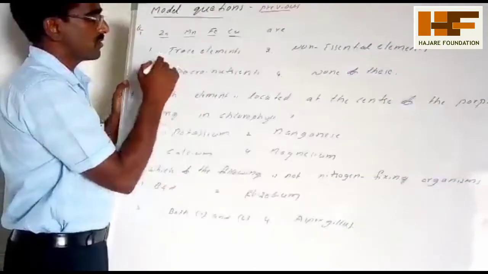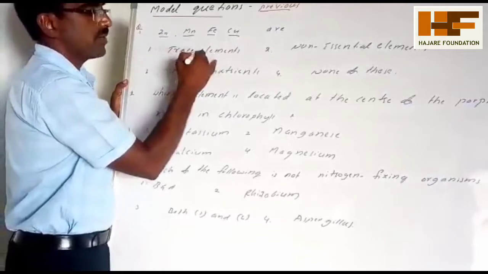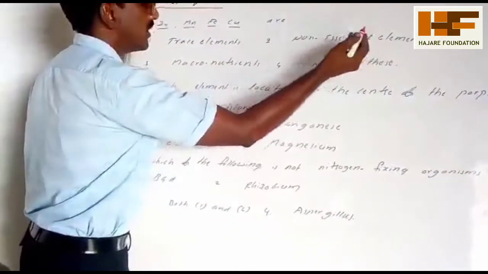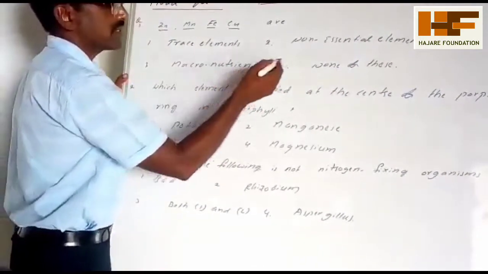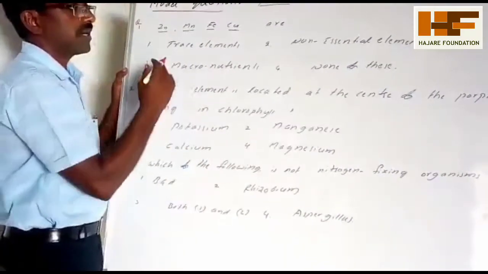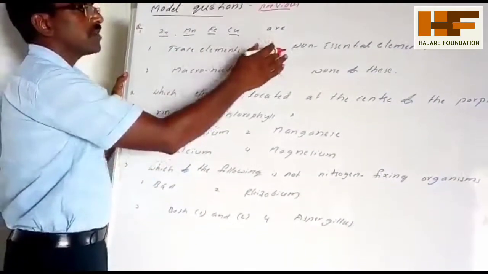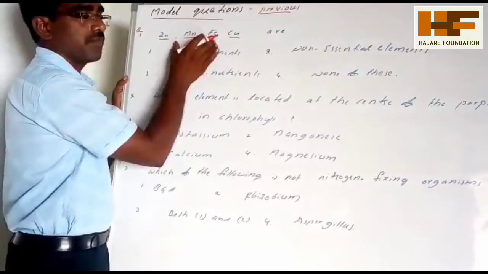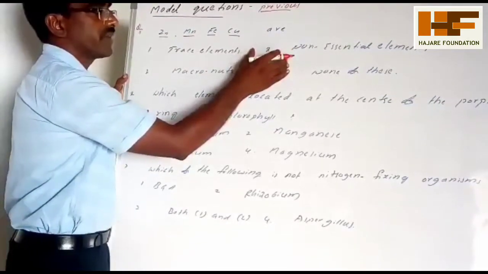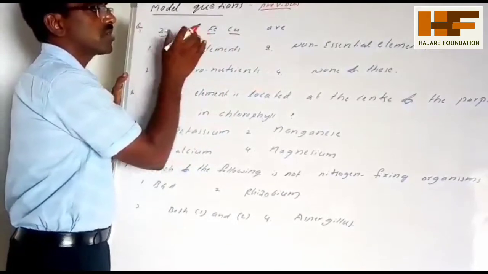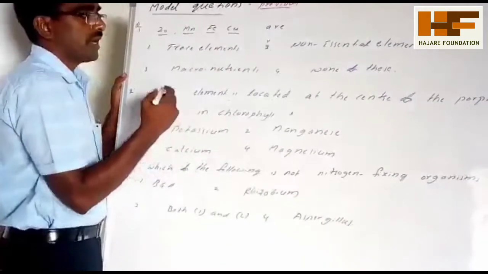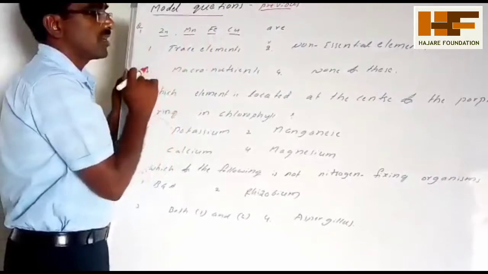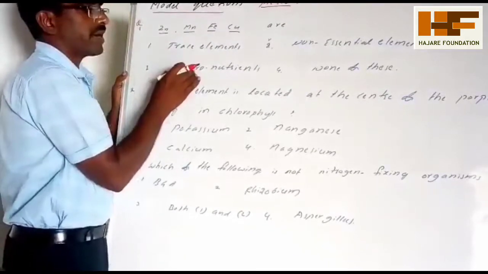The given options are trace elements, non-essential elements, macronutrients, none of these. First you can try to understand whether it is essential or non-essential. Here non-essential is given, but these elements are essential, so this option is wrong. Again there are two more options: trace elements and macronutrients.